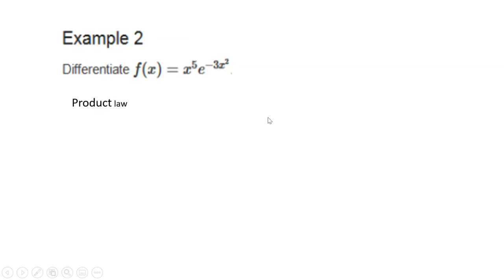So I'm going to first of all use the product rule, like I said, and I'm going to have 5x^4, that's the derivative of the first part, multiplied by the underived second part, e to the minus 3x squared, so that doesn't change. Then I'm going to derive the second part, which means I'm going to still have the same e to the minus 3x squared, times the derivative of the exponent, which is minus 6x, times the underived first part, x to the power of 5.